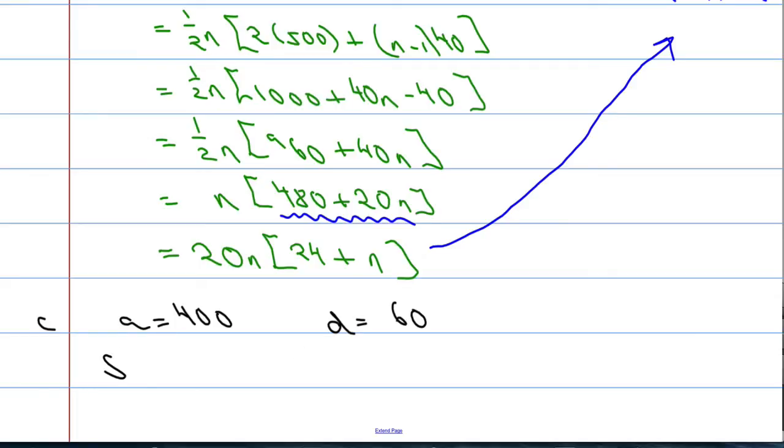Let's work out an expression for the sum of the series for Carol. So it's going to be found by doing a half times n times 2a, so 2 times 400 is 800. We're going to do this slightly quicker, plus n minus 1 times d, d is 60.